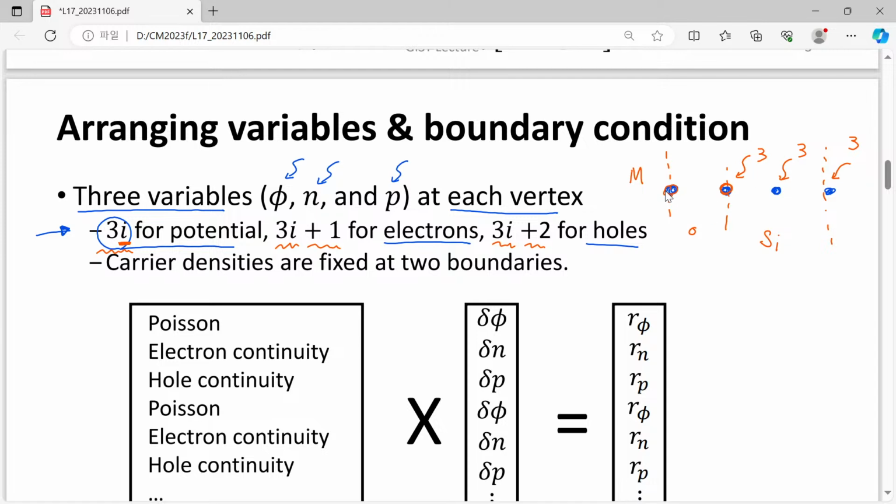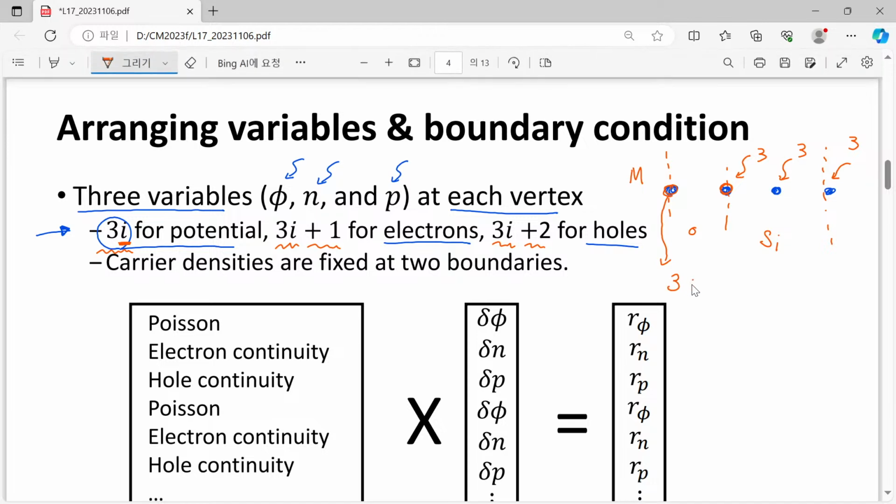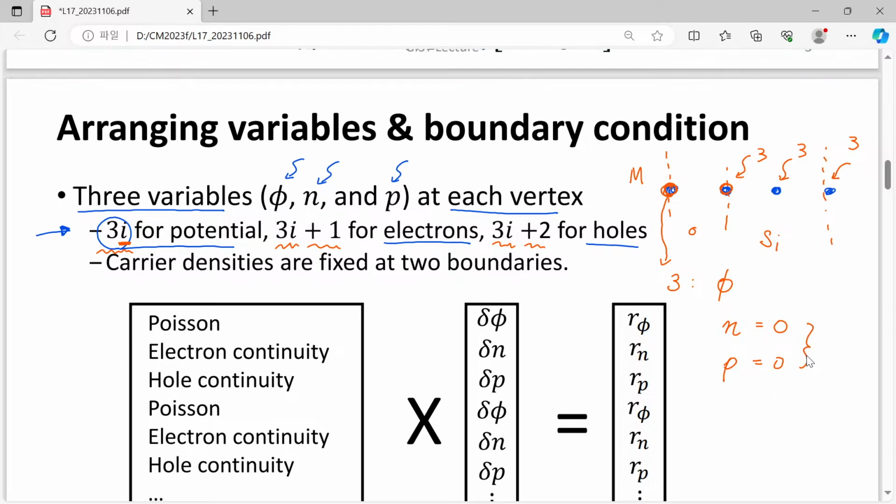Then what is your opinion about this oxide-metal interface? Do we need three variables? Let's assume that we still need three different solution variables. It means that we must define the electron density, the hole density, and the electrostatic potential. However, this point is just the interface between oxide and metal, so actually we don't have to care about electron density and hole density because the oxide is treated as a perfect insulator.